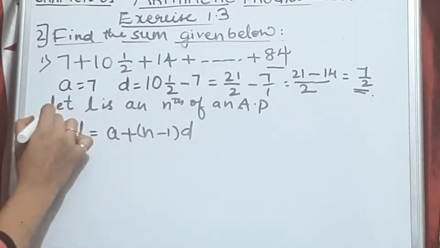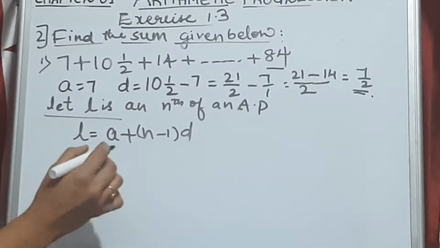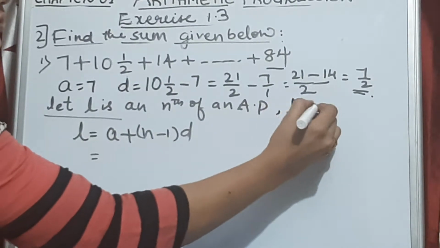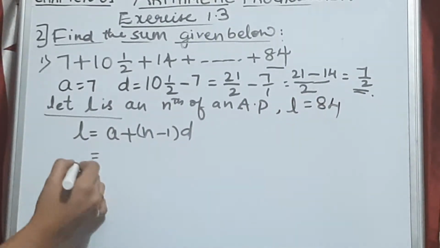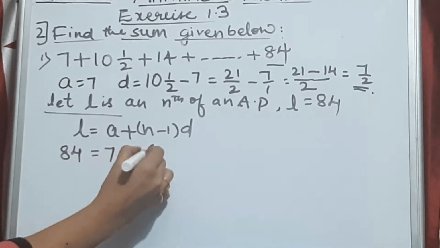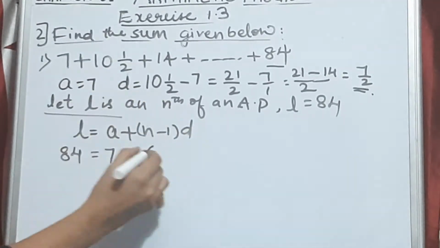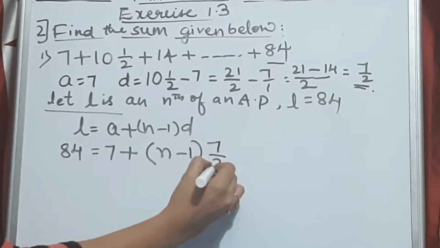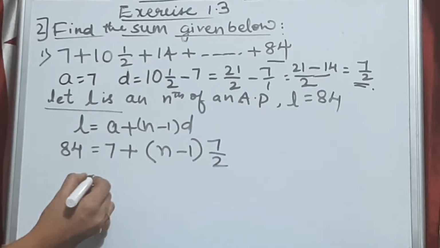We can take L as the nth term of an AP. L is given as 84. So 84 is equal to A, which is 7, plus (n minus 1) times D, where D is the common difference, 7 by 2.